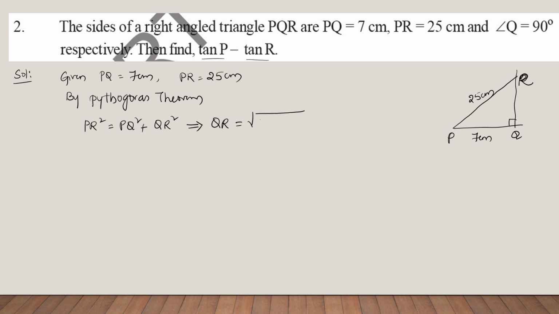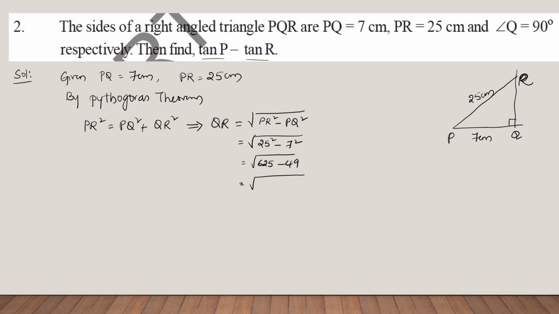So QR is equal to square root of PR square minus PQ square. When I substitute the values, PR square is 25 square minus PQ square is 7 square, so from this 625 minus 49.